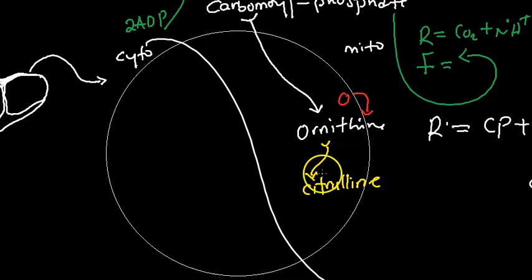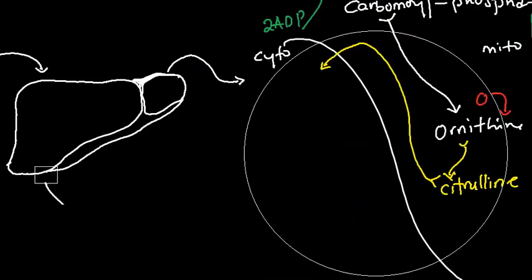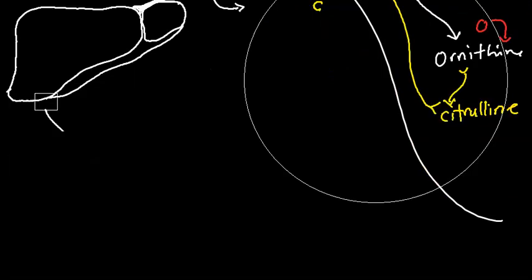At this point, citrulline will jump back into the cytoplasm. The moment we find citrulline in the cytoplasm, that is the beginning of the formation of argininosuccinate.